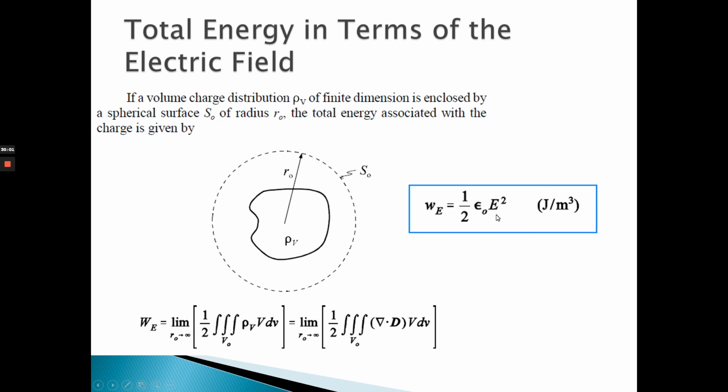So if you know the electric field strength and the property of the material, you can directly calculate how much energy it can store on that surface or object.